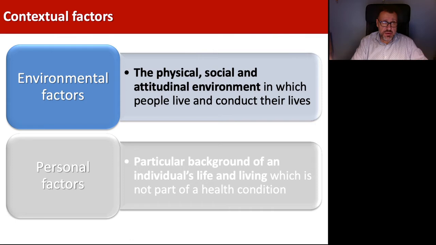Regarding the contextual factors, we know that they contain both environmental factors and personal factors. Regarding the environmental factors, the definition is the physical, social, and attitudinal environment in which people live and conduct their lives.